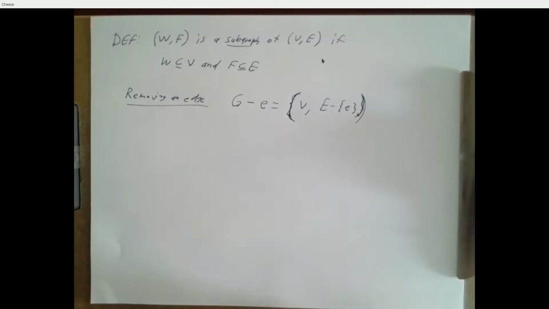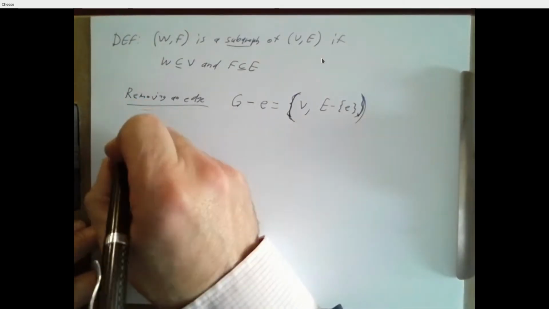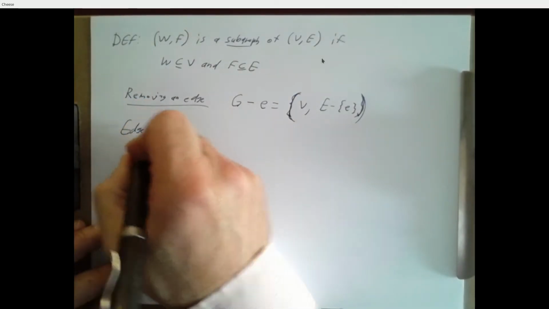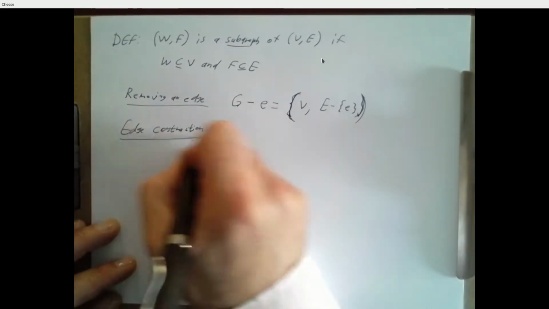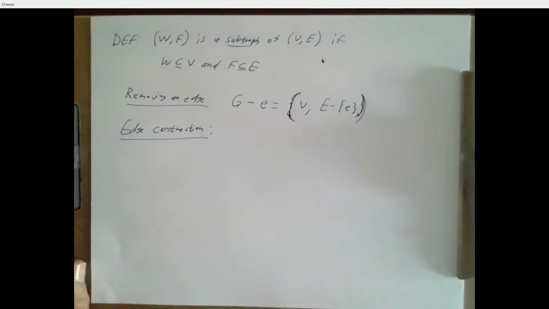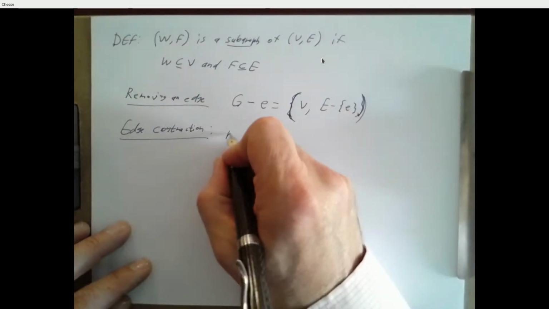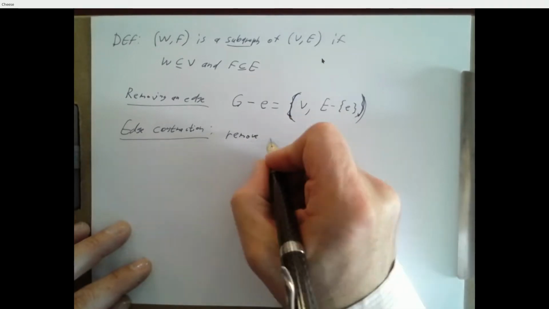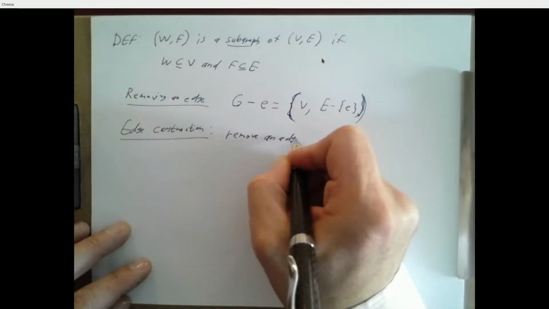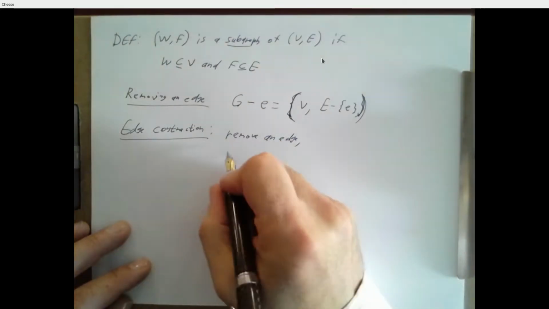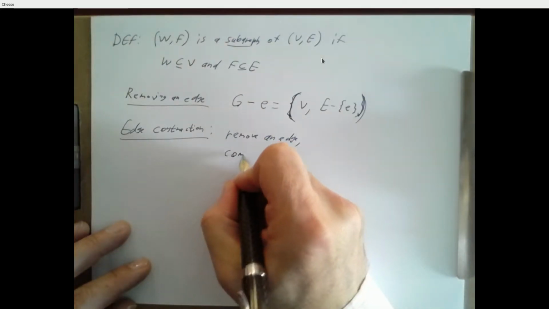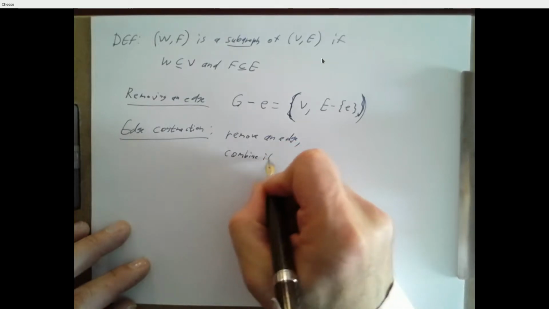But sometimes what we want to do is contract an edge. So here we remove an edge, and then basically combine its vertices.